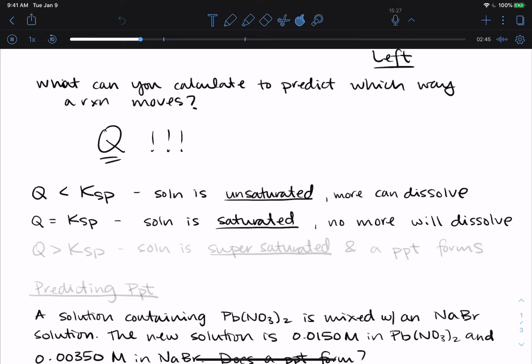And Q greater than KSP. The solution is supersaturated. And a precipitate forms, and we abbreviate this as PPT.